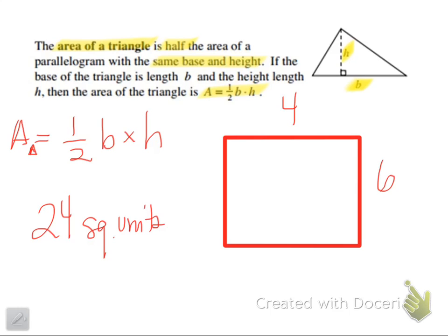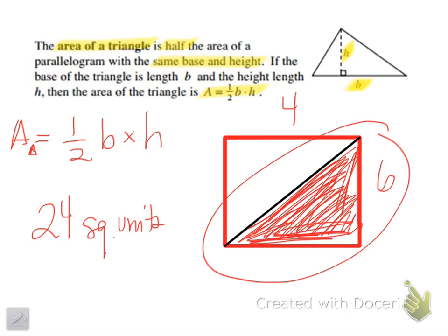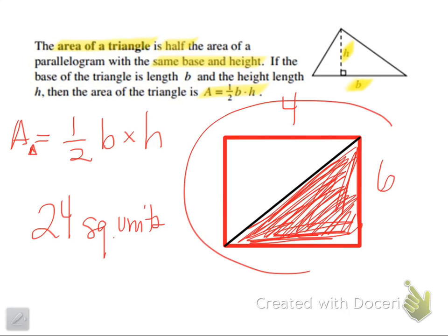But now let's make it a triangle. If I'm just trying to find the area of one triangle here, what is my area going to be? Well, you'll notice this triangle here is 1/2 the entire area of the rectangle.